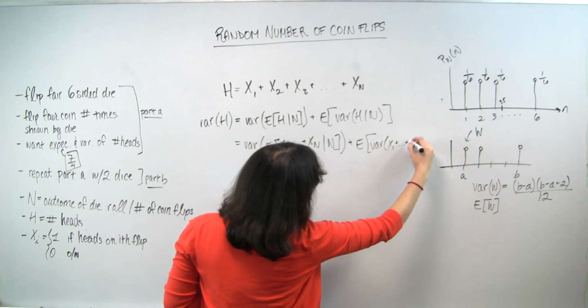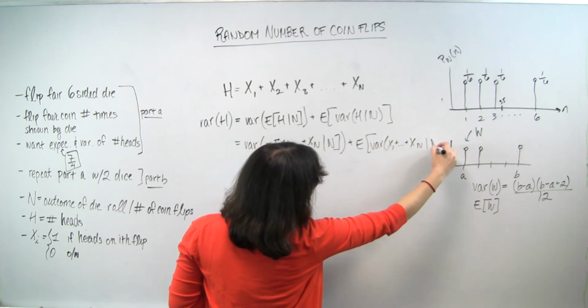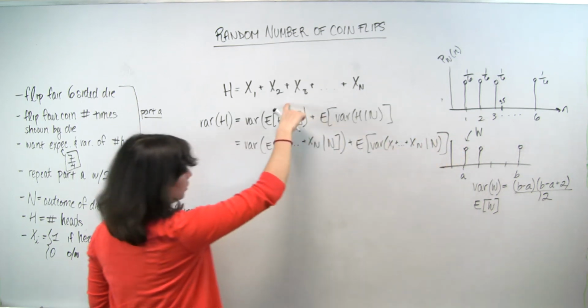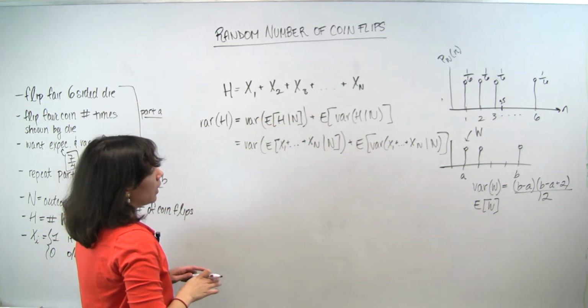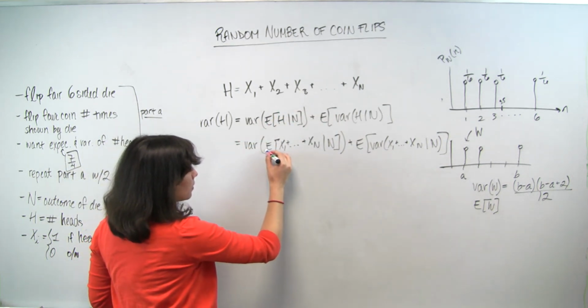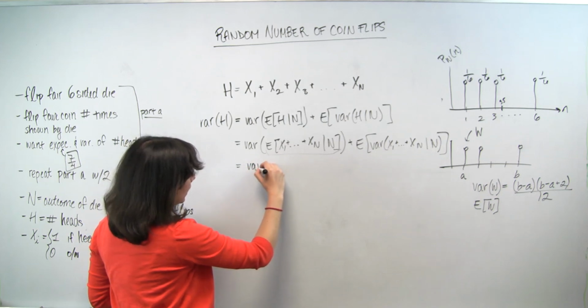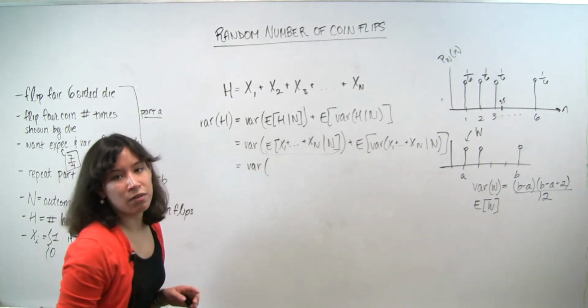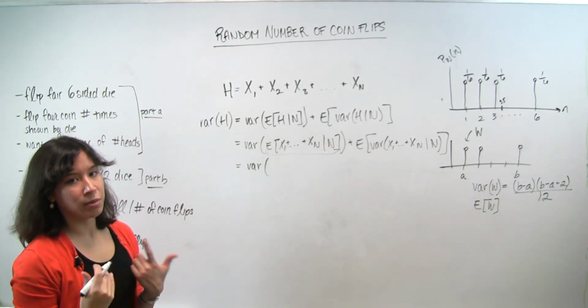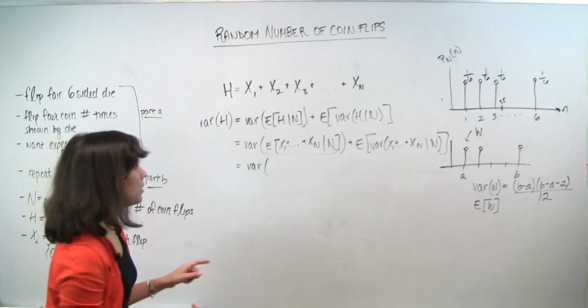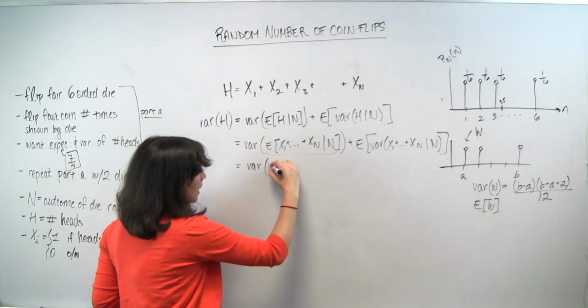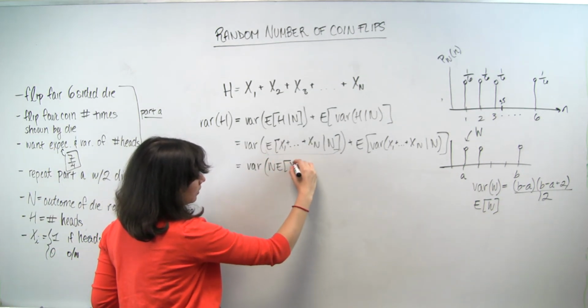X1 through xn given n. Okay, so I didn't do anything fancy, I just plugged this into here. So this term is similar to what we saw in a previous problem. By linearity of expectation and due to the fact that all of the x sub i's are distributed in the same way, they have the same expectation, this becomes n times the expectation of x sub i.